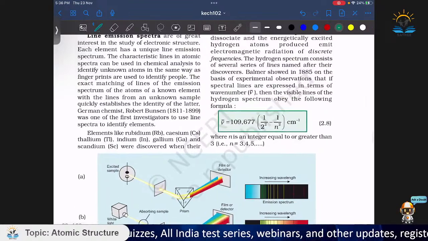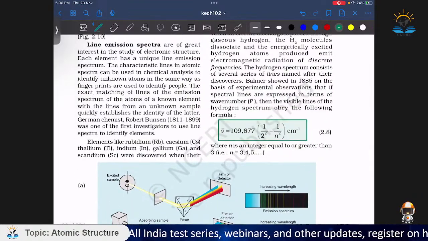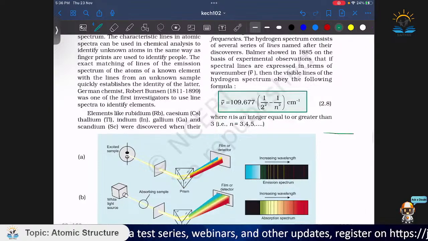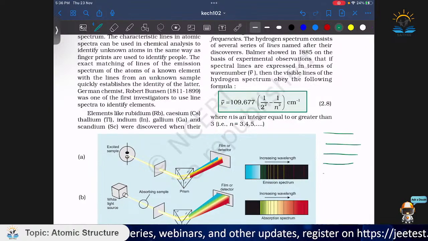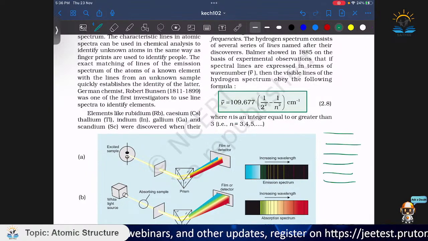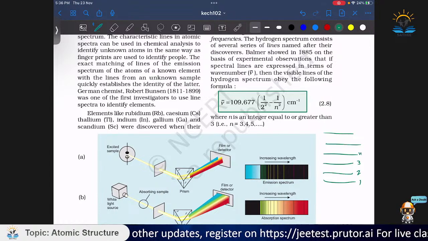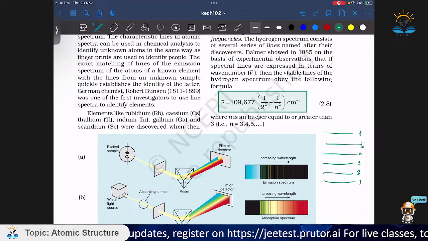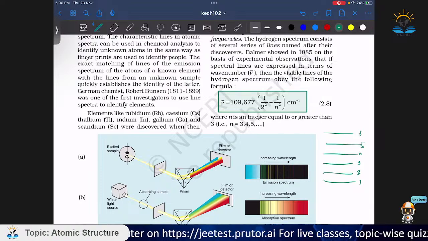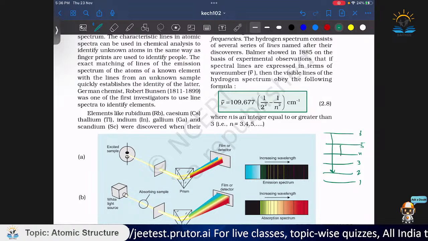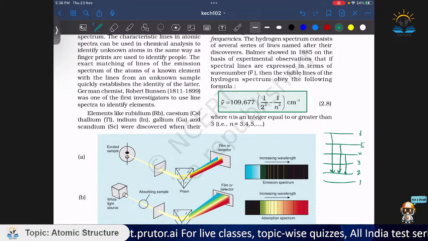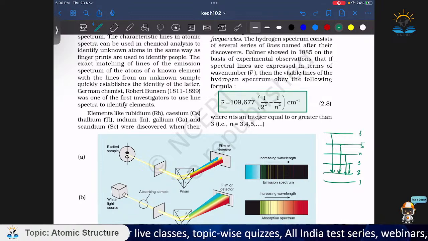Balmer showed that, suppose these are the lines of the hydrogen atom, these are the energy levels: n equals 1, 2, 3, fourth energy level, fifth energy level, sixth energy level, and so on. Balmer showed that if a photon comes down to n equals 2, the value of 1 upon wavelength will be this much.